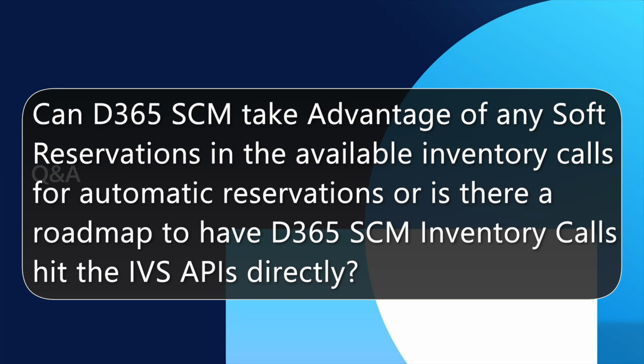If your orders are coming from multiple channels, whether flowing from an e-commerce order or entered directly into D365 SCM, and you need soft reservation capability in D365 SCM, then you can use the out-of-box soft reservation functionality, which can check available for reservation against IVS.